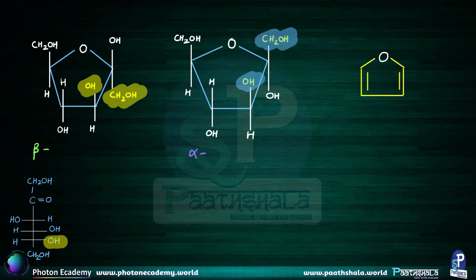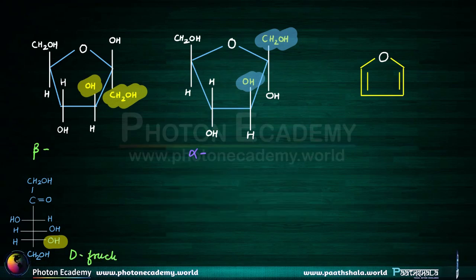At this last chiral carbon, we notice that this OH is lying on the right hand side, and therefore, since it lies on the right hand side, the fructose can be called D fructose. So this beta and this alpha can be accompanied by a D. Both of them will be accompanied by a D.